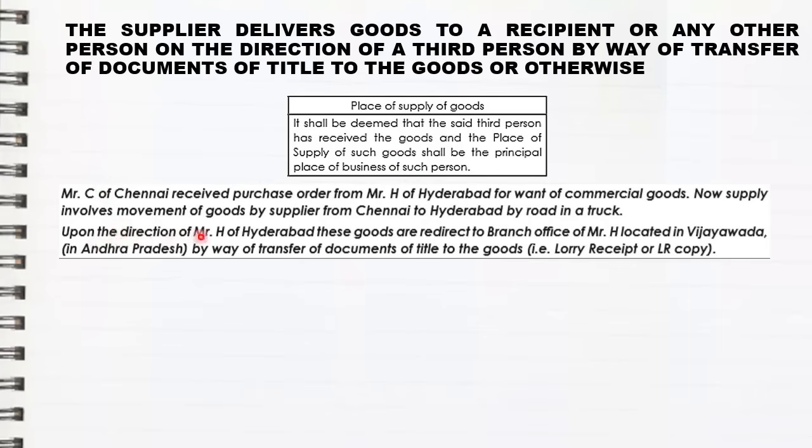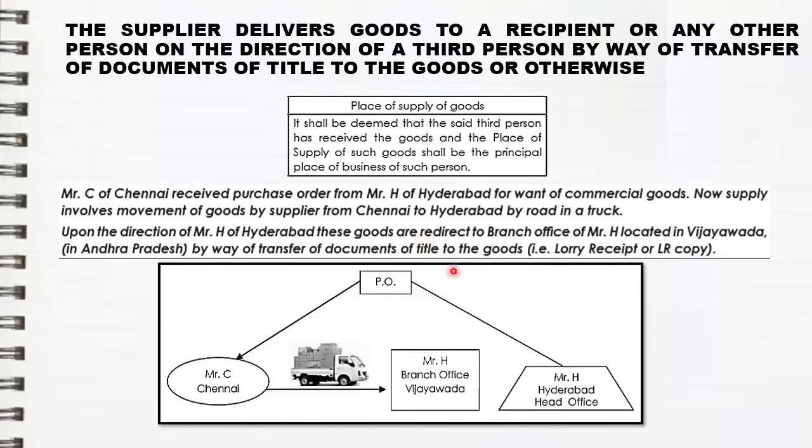Now upon the direction of Mr. H, Mr. H gave some direction that these goods are redirected to the branch office of Mr. H located in Vijayawada, that is in Andhra Pradesh, by way of transfer of document of title to the goods. So now let us take the same example graphically.